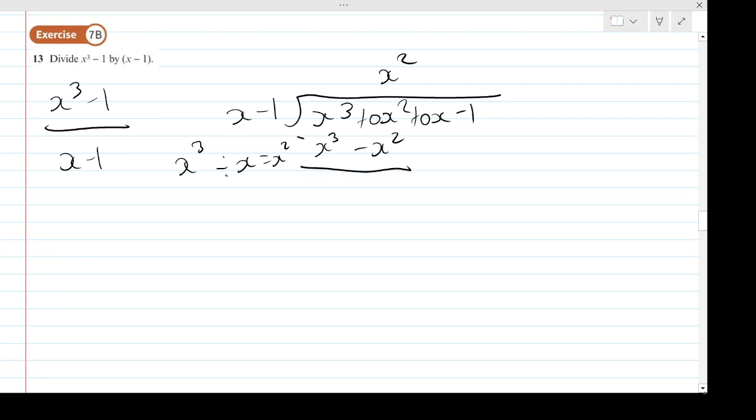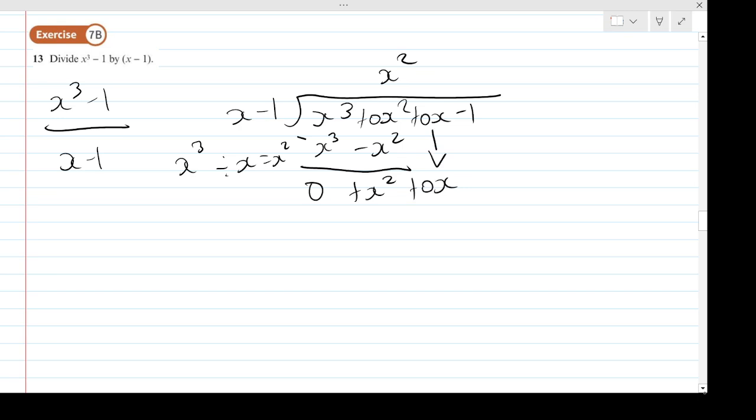Then if I subtract both top and bottom, x cubed take away x cubed will be 0. And then 0x squared, take away minus x squared, that's a double negative, so that'd be plus x squared.